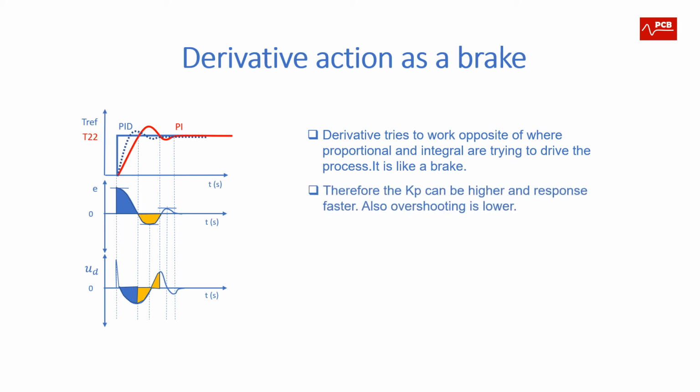It is like a brake, therefore. And therefore also the Kp can be a little bit higher and the response faster. The right amount of derivative action can stabilize the process variable sooner.